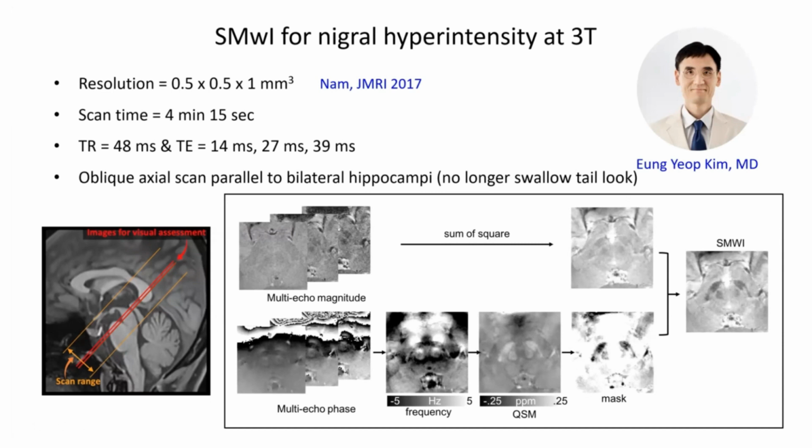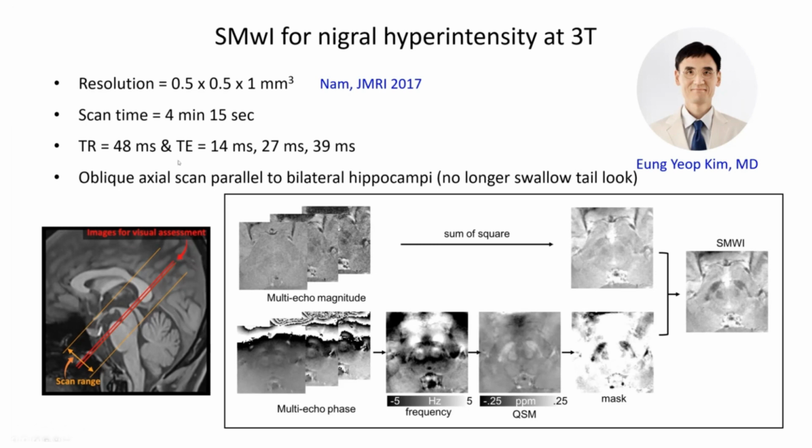Previously he was at Gil Hospital and he has now moved to Samsung Hospital. And it's really his work that he compared a lot of different conditions and came up with a protocol that really gives you a nice high contrast, high detectability for this nigral hyperintensity.